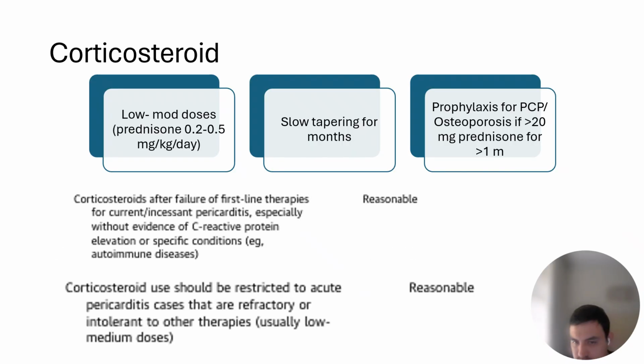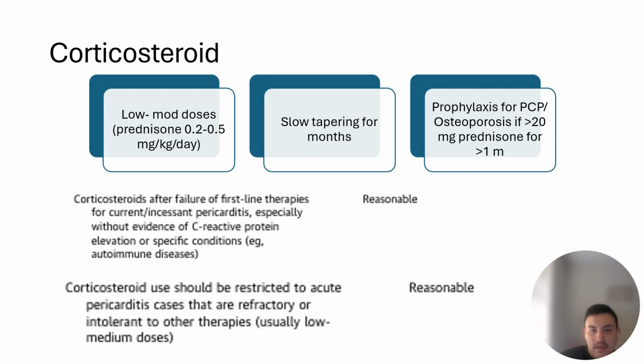Corticosteroids. Before, they used to be second line, but right now the guidelines say that in some cases you can use them reasonably. For example, after failure of first-line therapies for recurrent incessant pericarditis, especially without evidence of elevated CRP, meaning it's non-inflammatory, because if inflammatory, consider those immunologics.